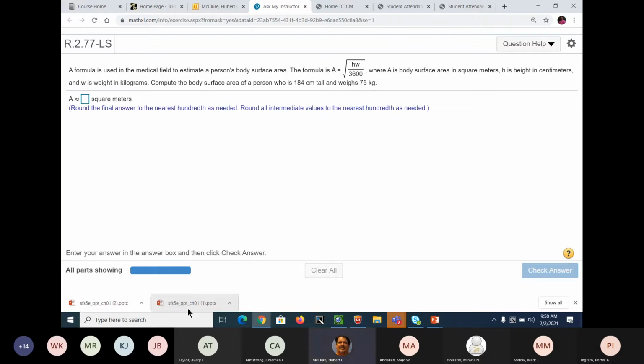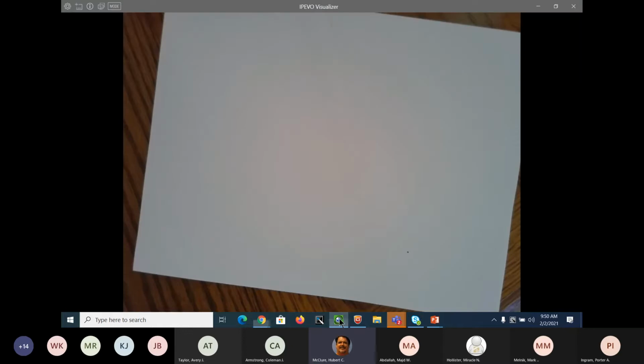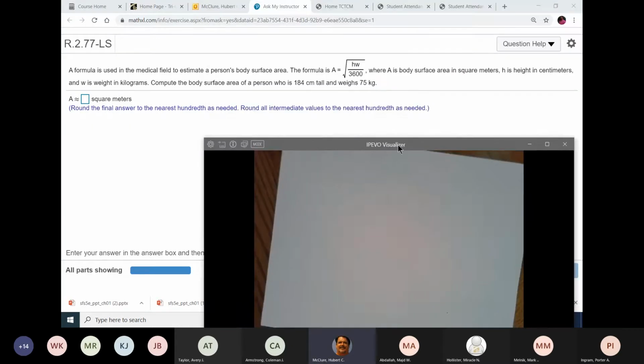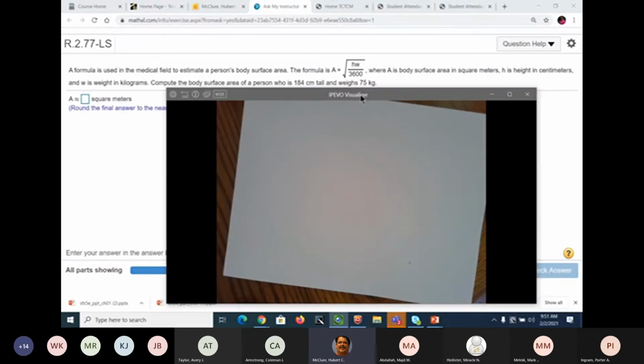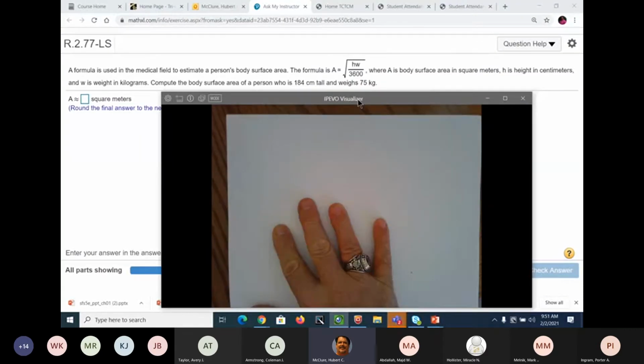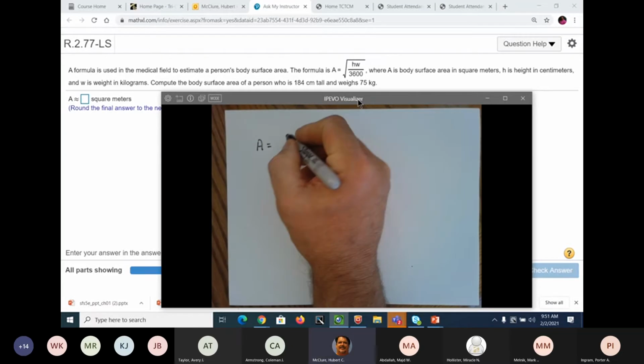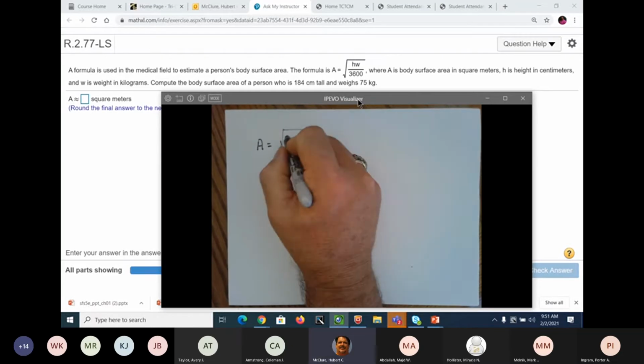Let's see what happens. Let's take our handy dandy document cam and put it right here. I'm just going to write out A is equal to the square root of HW. You have to say W, because if you say W, somebody will make fun of you.